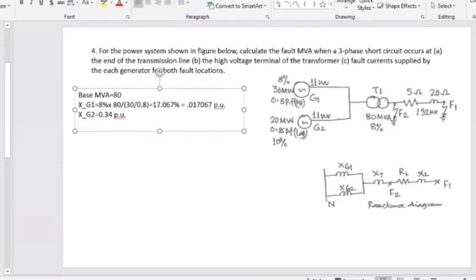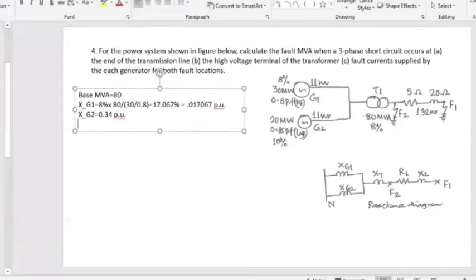Can anyone else confirm that they are getting this 0.34 per unit?